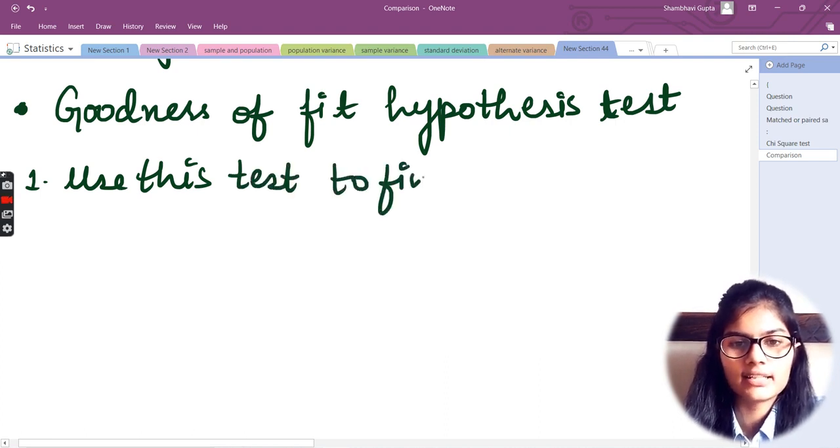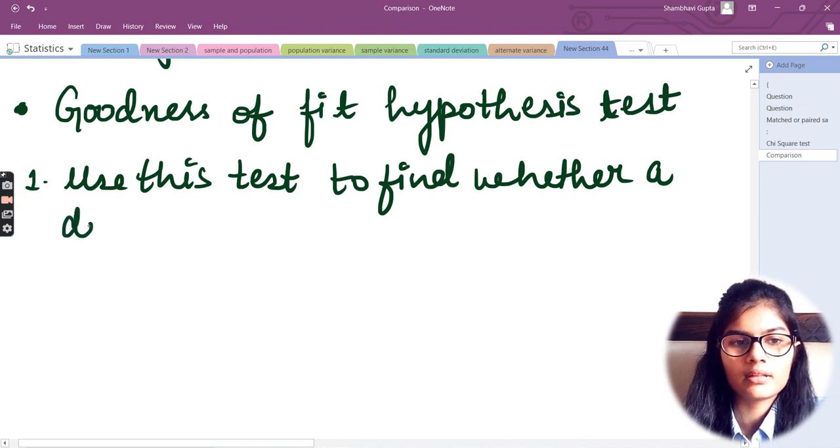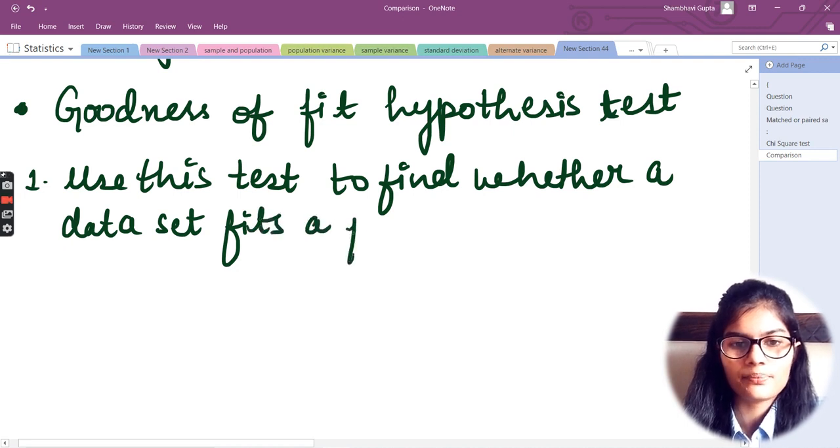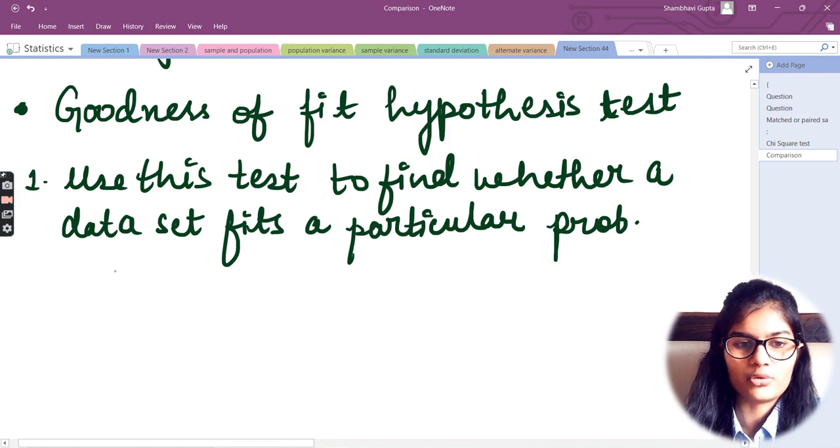to find whether a data set fits a particular probability distribution.